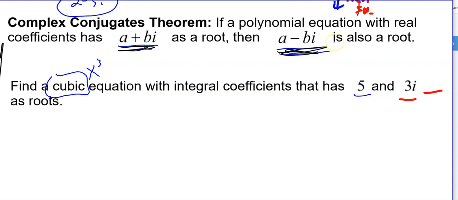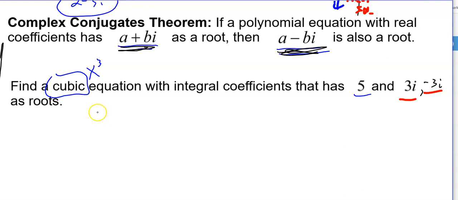If one of them is positive 3i, the other solution in this case would be negative 3i. So my three solutions are 5, 3i, and negative 3i. They only gave me one, but you had to know those come in pairs because of the complex conjugates. You'll never get one imaginary solution. You'll always get 2, or 4, or 6, or 8, an even number.